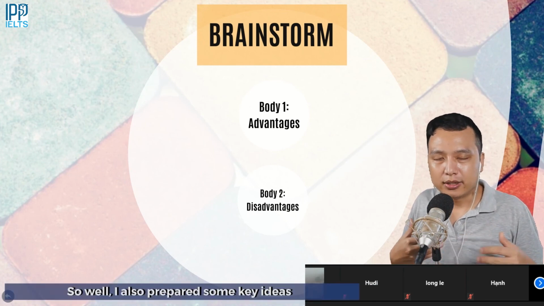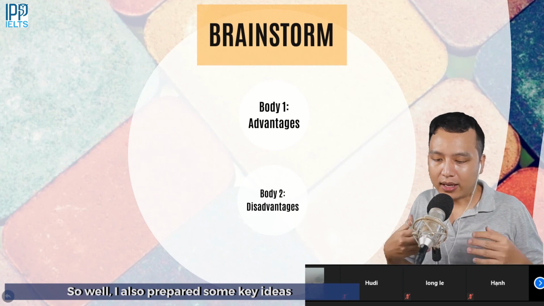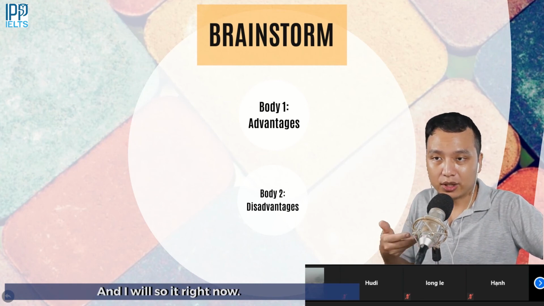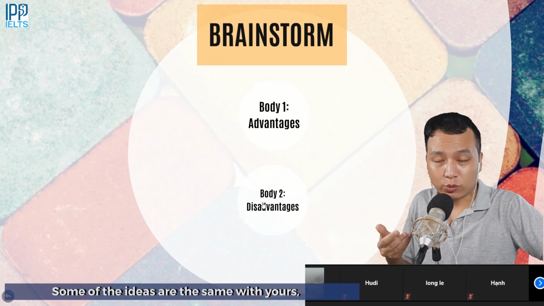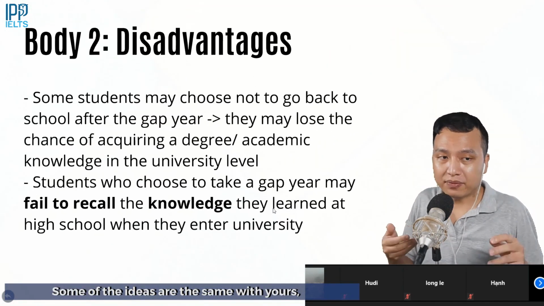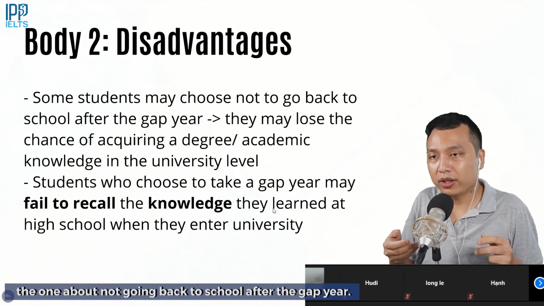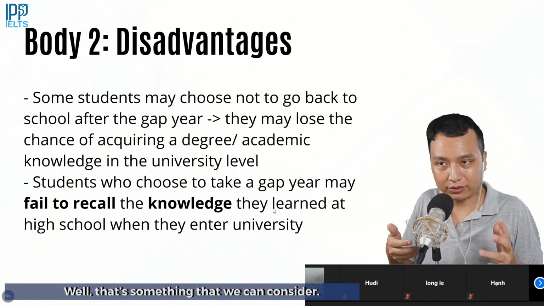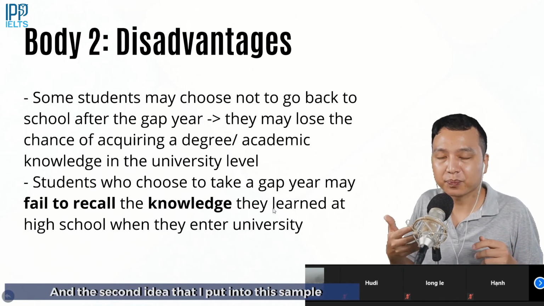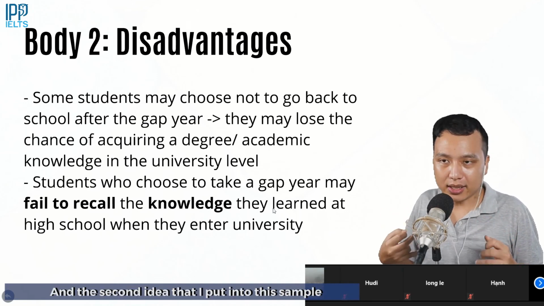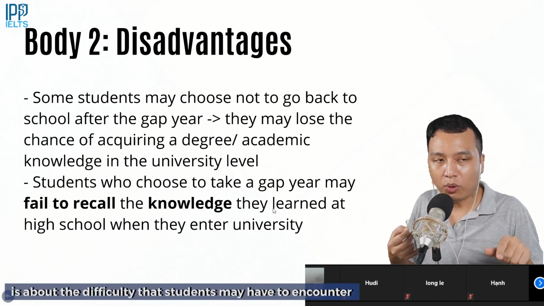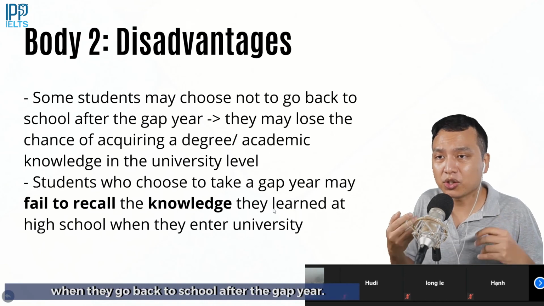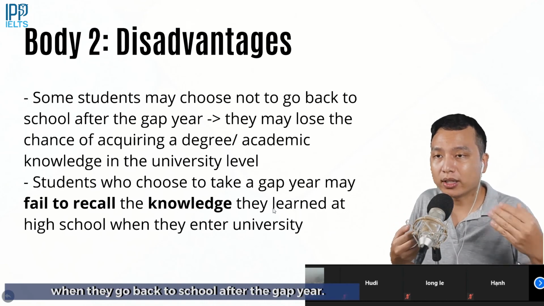So I also prepared some key ideas to talk about the disadvantages, and I will show it right now. Some of the ideas are the same as yours. The one about not going back to school after the gap year, that's something we can consider. And the second idea that I put into this sample is about the difficulty that students may encounter when they go back to school after the gap year.